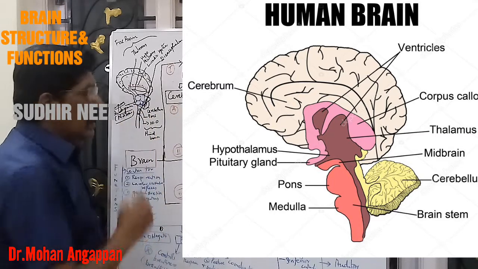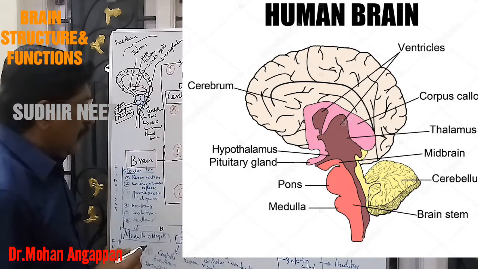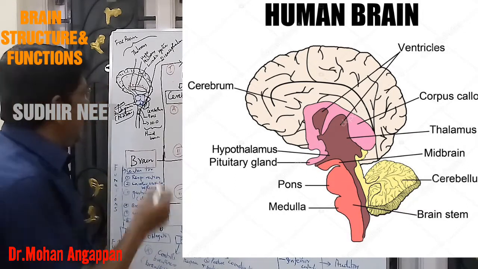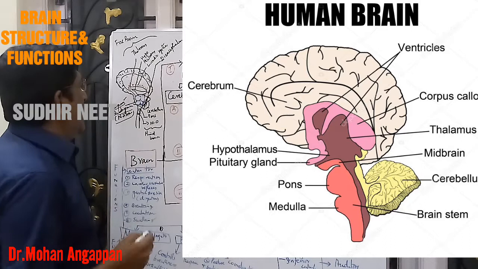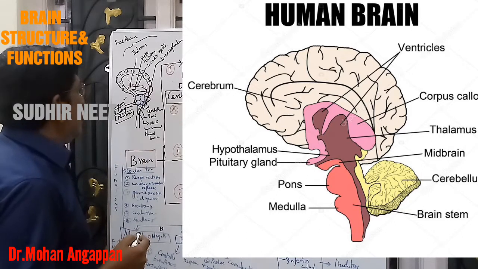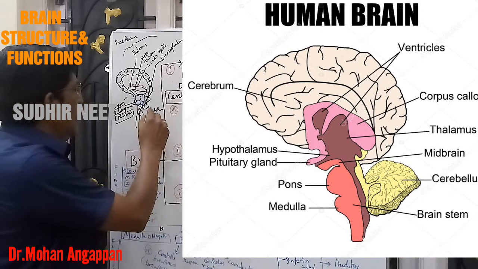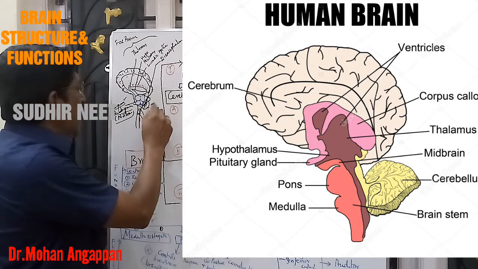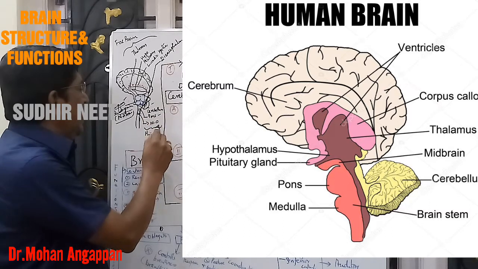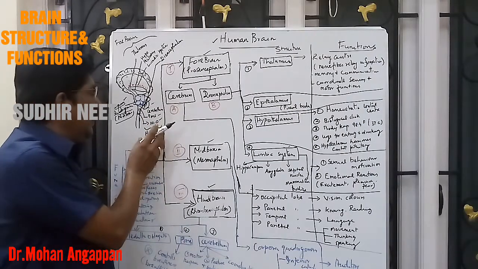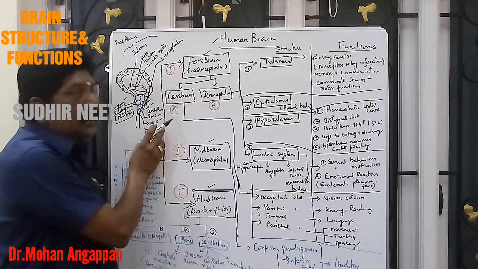There are four colliculi, two superior and two inferior. Corpora quadrigemina constitute the midbrain, and below that you get the cerebellum, pons varolii and medulla oblongata. These three constitute the hindbrain.